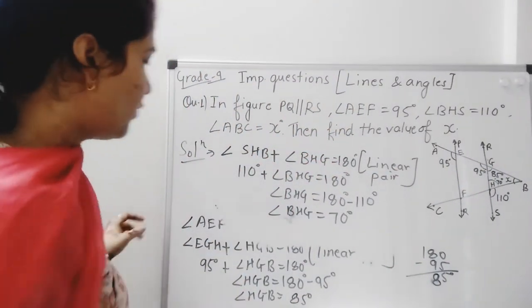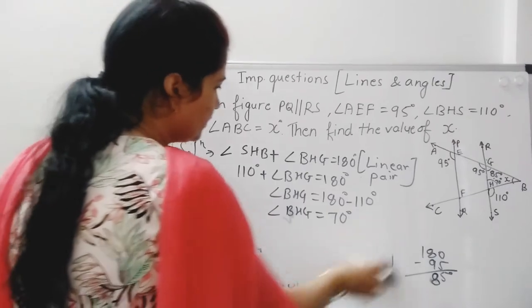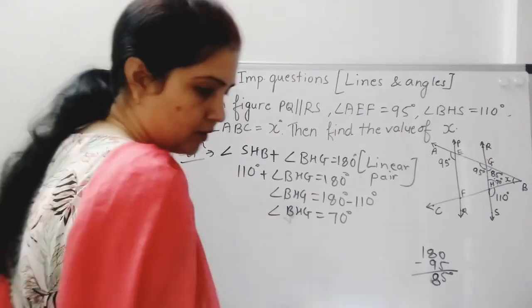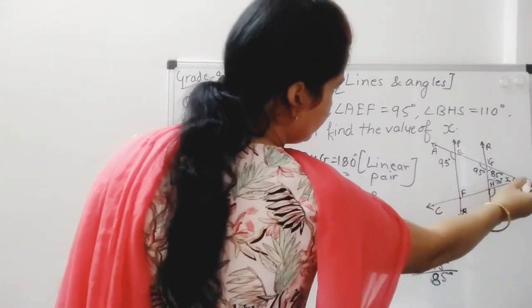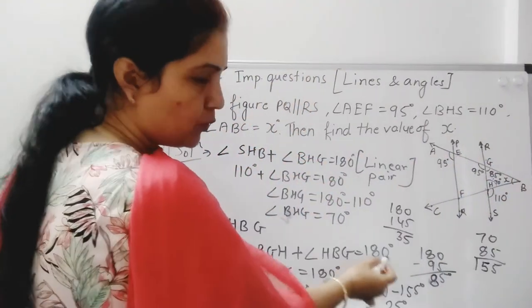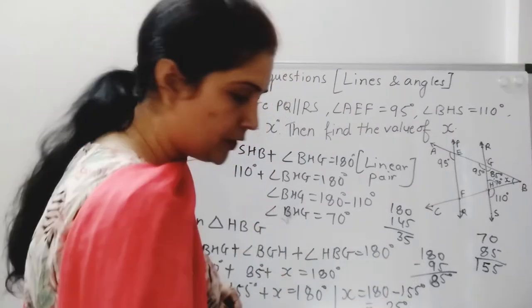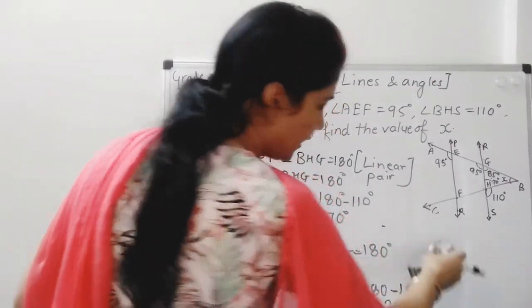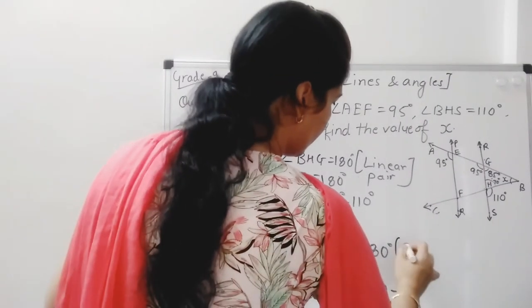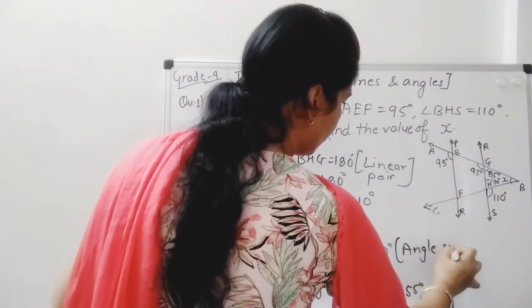Now by using the angle sum property we can easily find the value of x. In triangle HBG, according to the angle sum property, the sum of the angles is 180 degrees.